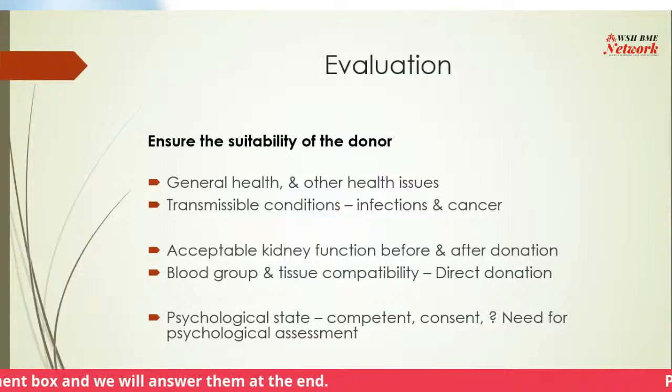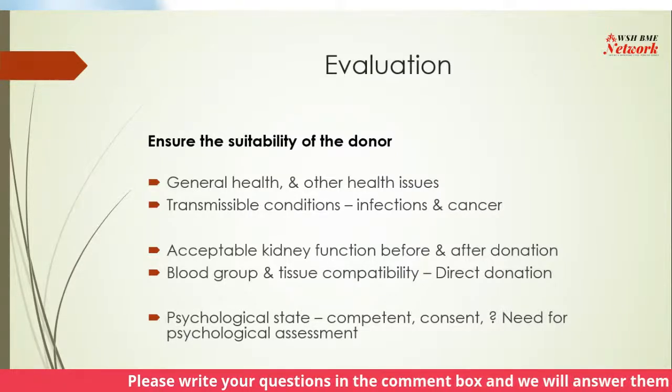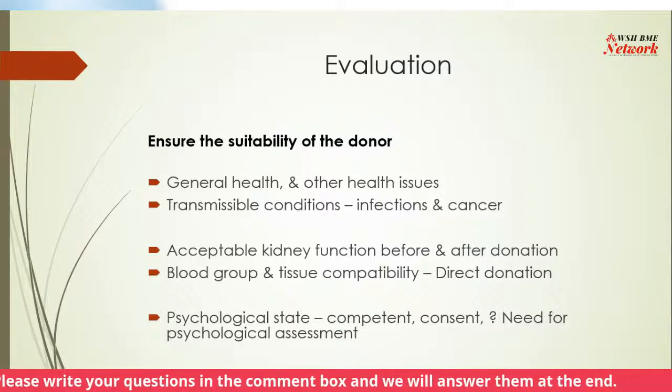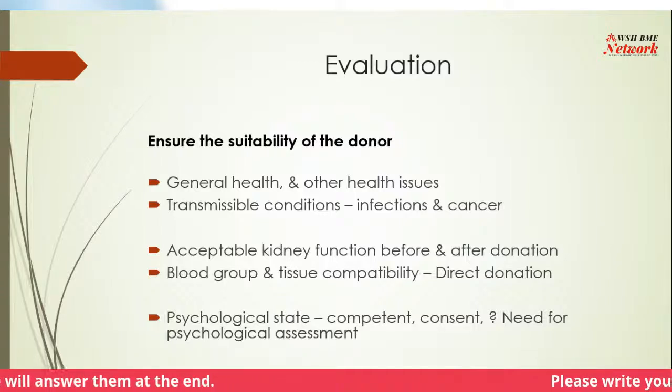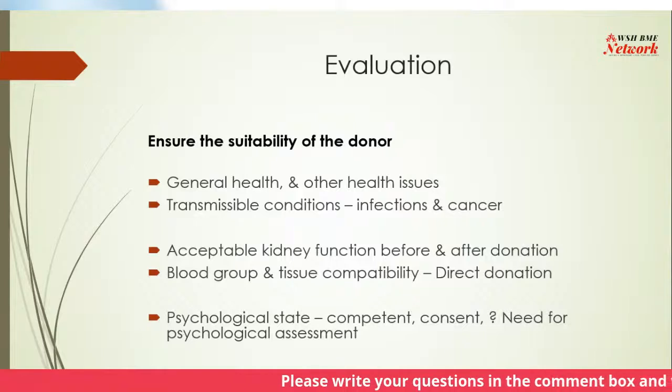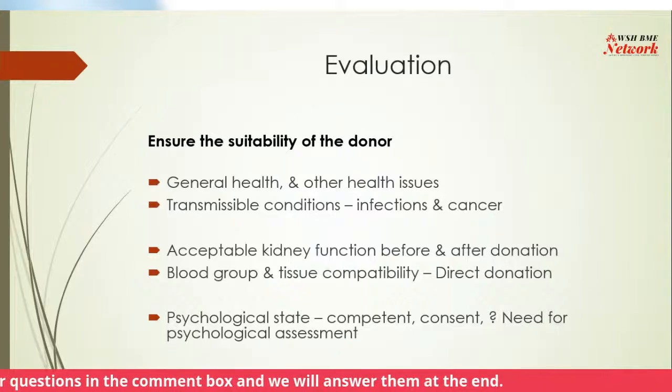Now, to ensure the suitability of the donor, we look at the general health. We take a good history about their health. We do tests to establish whether the donor has any transmissible conditions such as infection or cancer. Unfortunately, sometimes we do find some donors actually have cancer that they don't know about during the evaluation, and we just say, sorry, you can't donate.